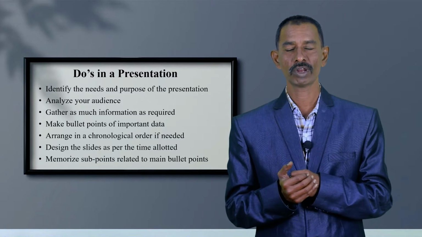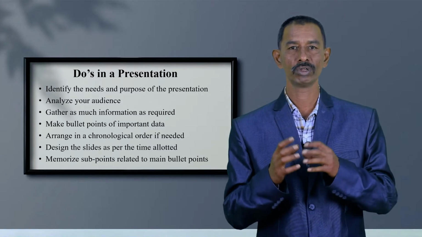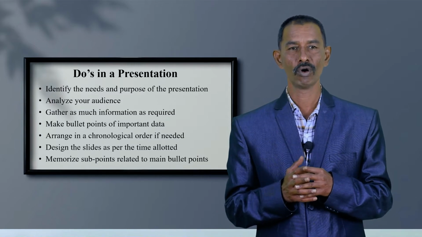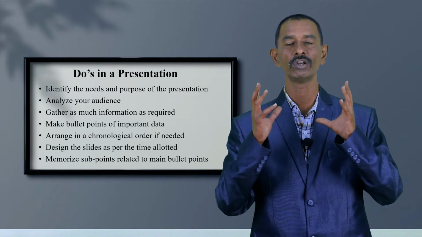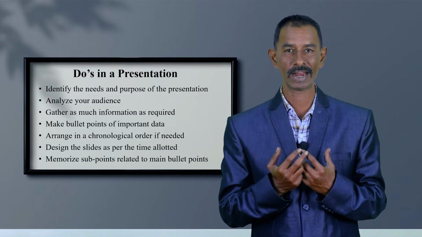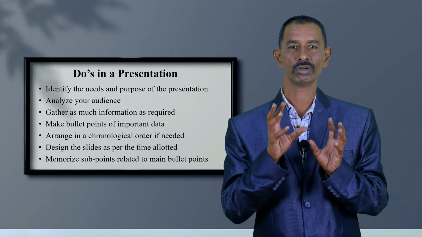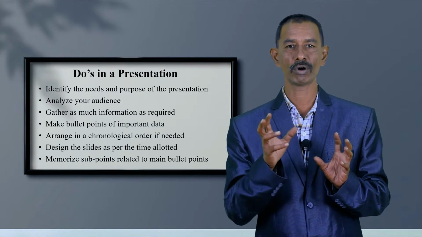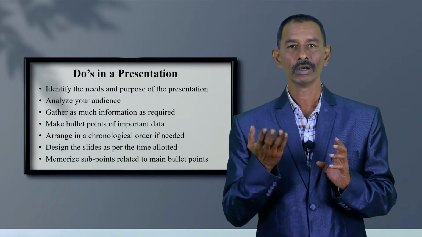Number three, gather as much information as required about the presentation. Number four, make bullet points of important data. Whatever data you have collected, some of it is not so important, and you can explain it while presenting the slides.